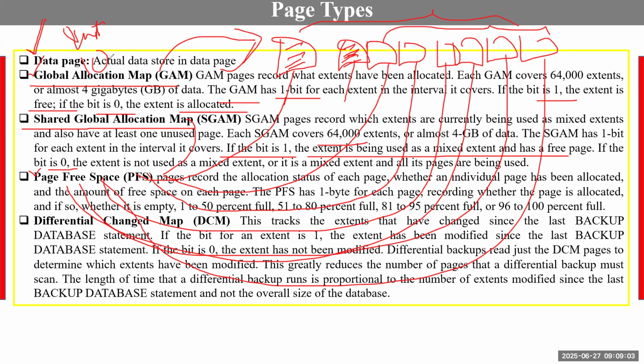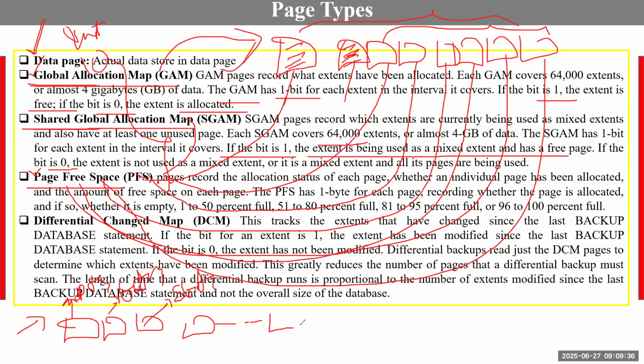Is it clear about these pages? The first page is the PFS page. The GAM page is the second page. SGAM is the third page. When you create a database, this is the PFS page, this is the GAM page, this is the SGAM page, and this is our database.